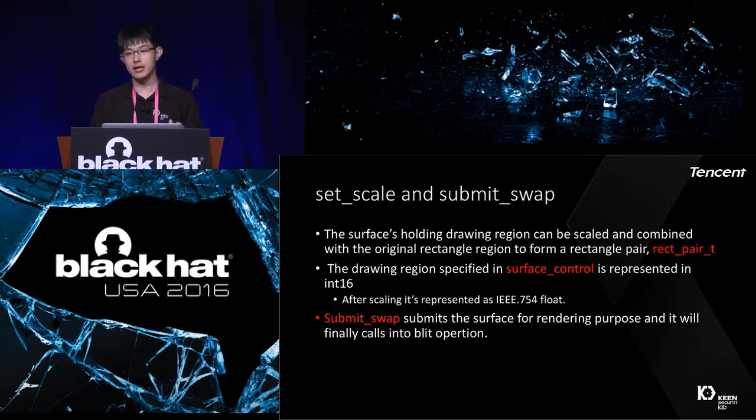Finally, we provide the rectangles from user space, the rectangles are scaled and combined to form a pair, and we call submit swap to submit a surface. Submit swap additionally does a normalization, which is the blit operation, and it will finally submit it to the GPU.